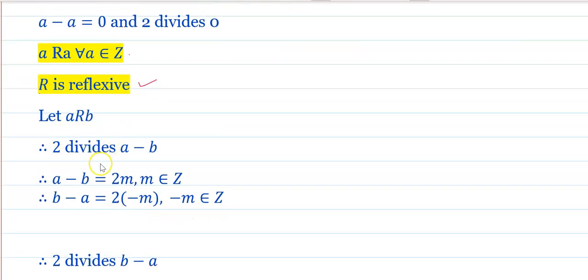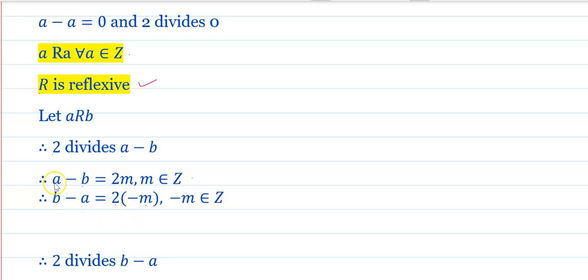Let aRb, that is again 2 divides a minus b. Since 2 divides a minus b, a minus b is equal to 2m, where m belongs to Z. If we interchange their sign, that is b minus a, it is equal to 2 times (minus m).